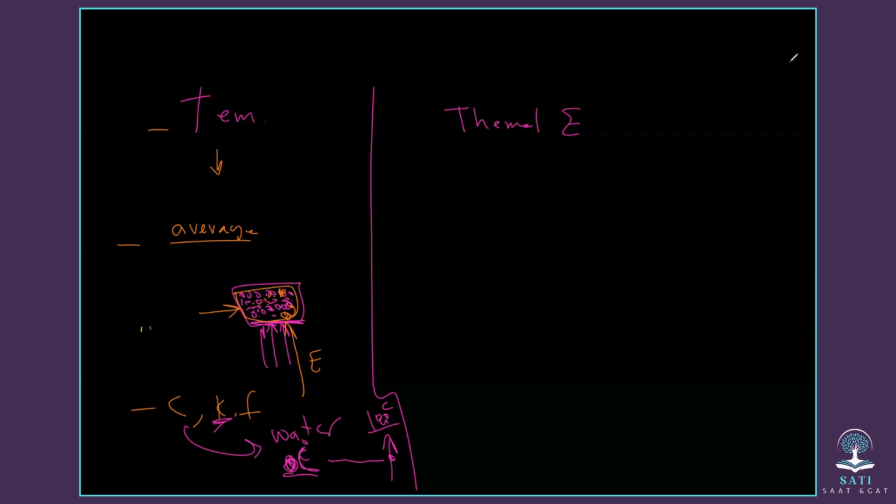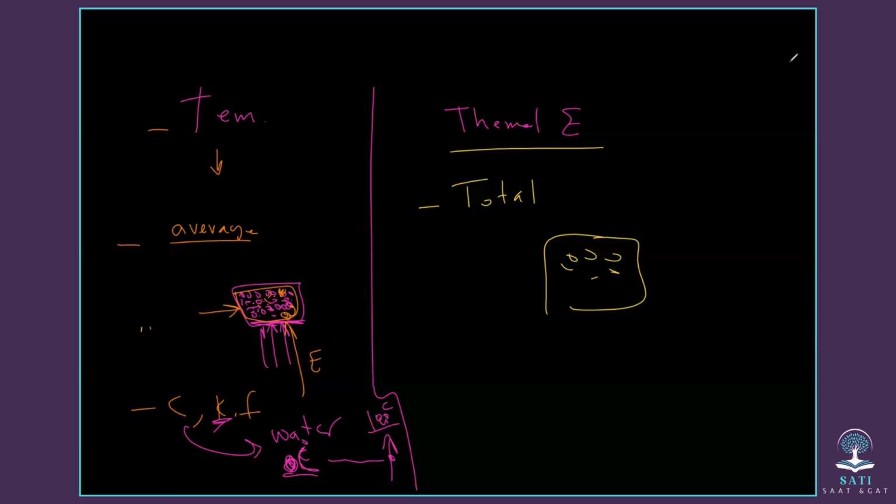Okay, related now to thermal energy. What is thermal energy? Thermal energy measures the total amount of kinetic energy of the particles of an object. This object has many particles inside it, and they are moving, so they have kinetic energy.